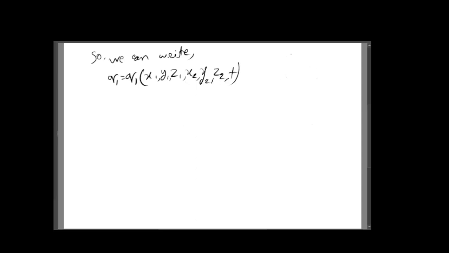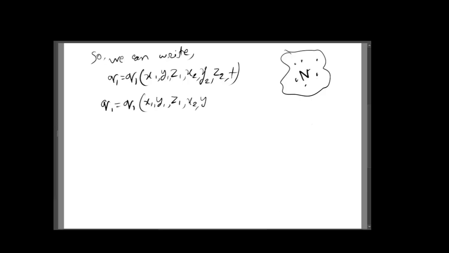This is our q1 component of the generalized coordinate system. Let's consider our particle system contains n particles. Then our q1 component can be written as q1 of x1, y1, z1, x2, y2, dot dot, zn and t. This will be one of the components of the generalized coordinate system.